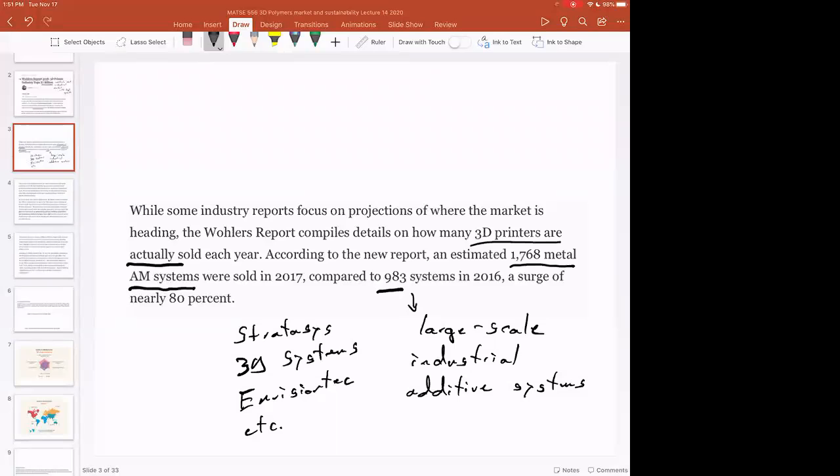So these are not desktop or hobby printers, as we would say. But it's growing. So these are growing significantly, and that's providing a lot of opportunity for new companies to come in, for new types of machines to be sold.